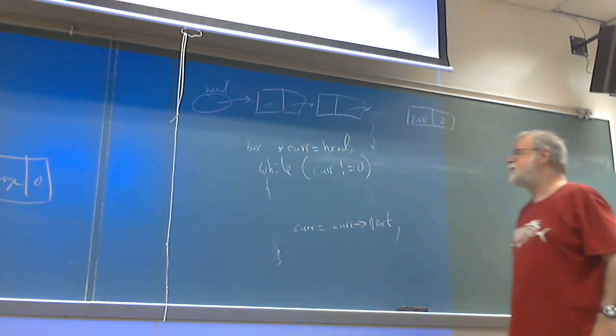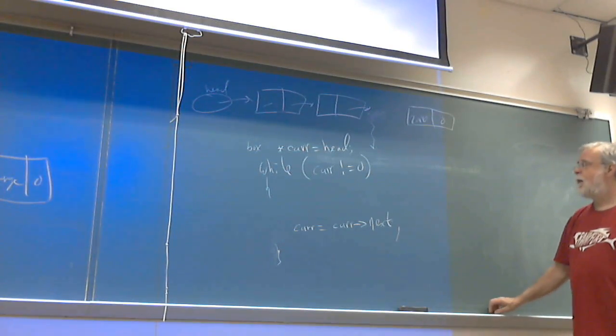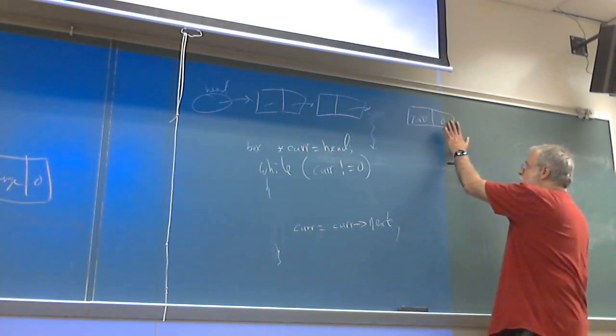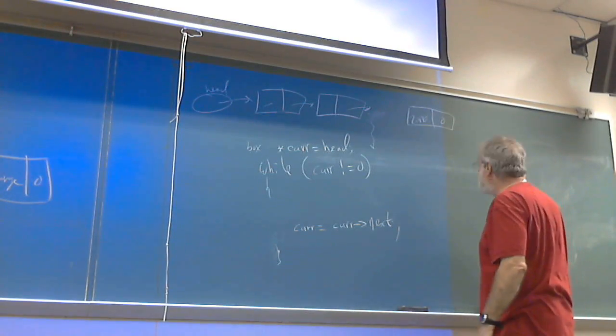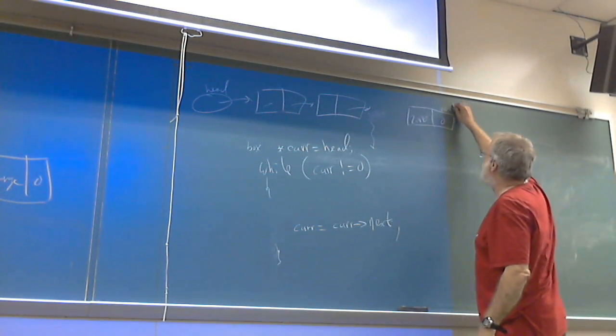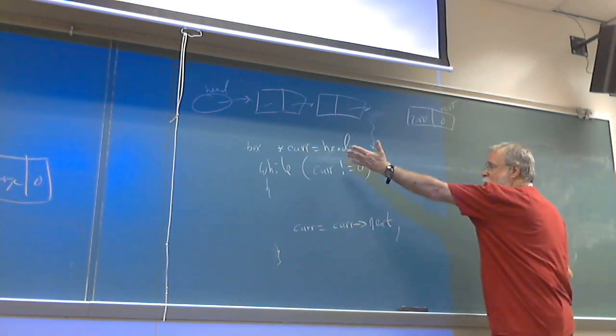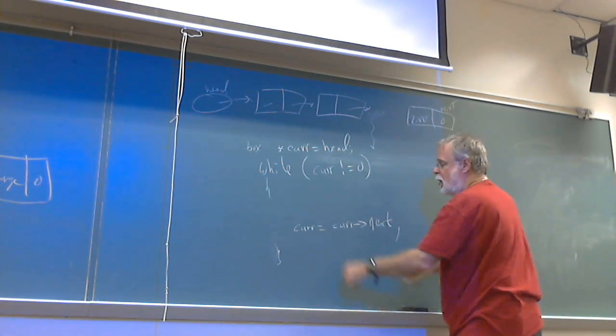That takes you to the next box, right? And so long as, the very last time current will have a 0 in it. The next in this box is a 0, and so we'll end up quitting. So long as current is not 0, do something.